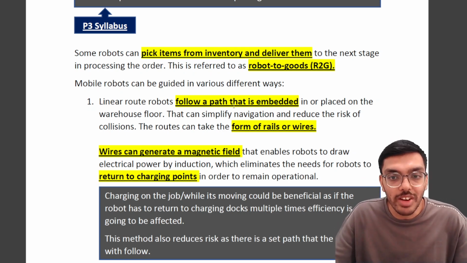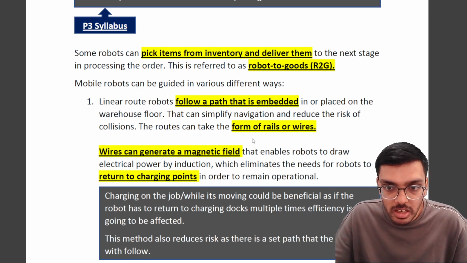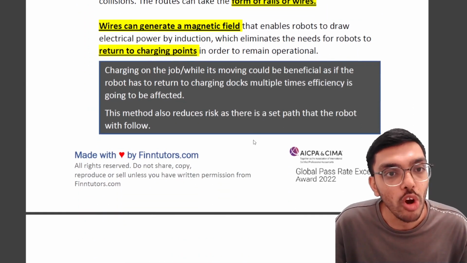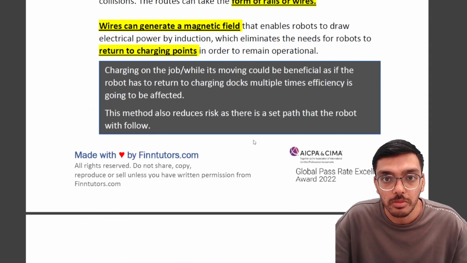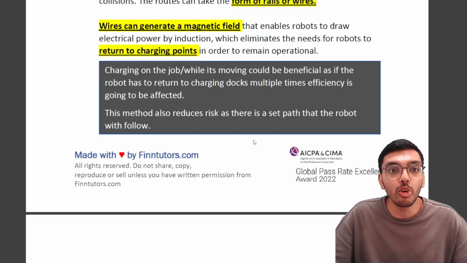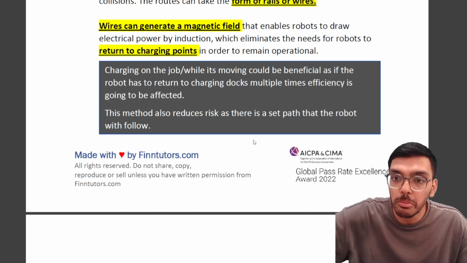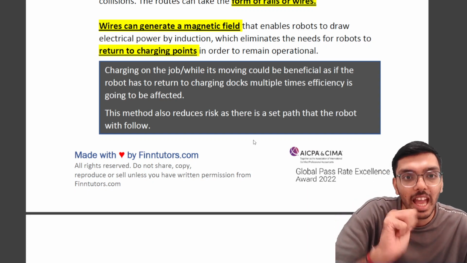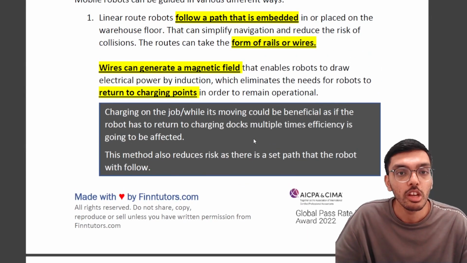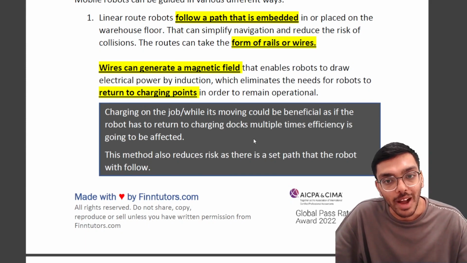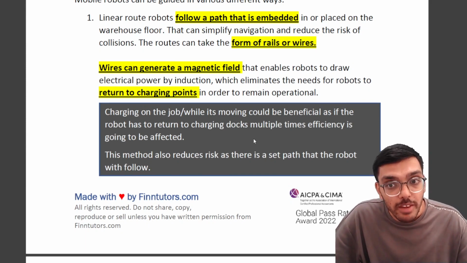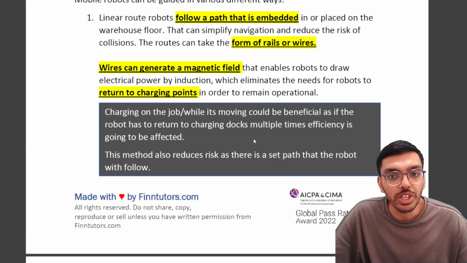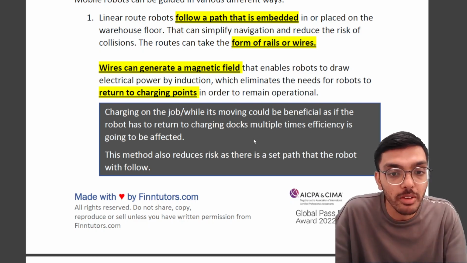The wires can generate a magnetic field that enables robots to draw electrical power by induction, which eliminates the need for robots to return to their charging points again and again, because from those wires it keeps getting energy. So charging on the job while it's moving could be beneficial, as if the robot has to return to charging docks multiple times, efficiency is going to be affected.